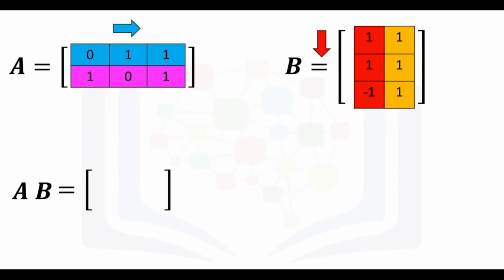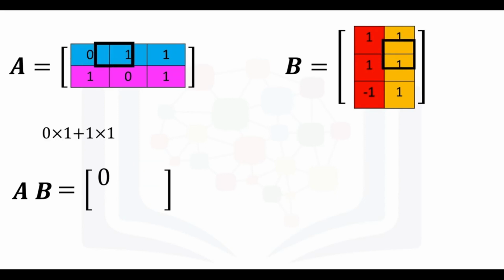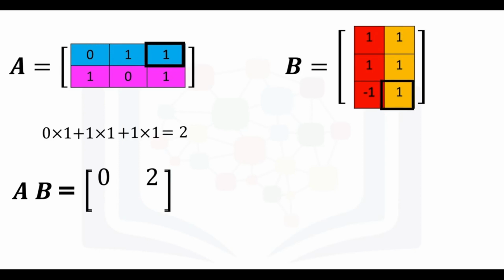For the first column, first row, we take the dot product of the first row of A with the first column of B as follows. The result is 0. For the first row and the second column of the new matrix, we take the dot product of the first row of the matrix A, but this time we use the second column of matrix B. The result is 2.